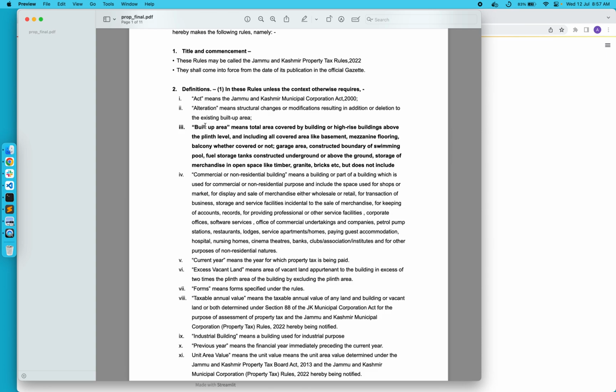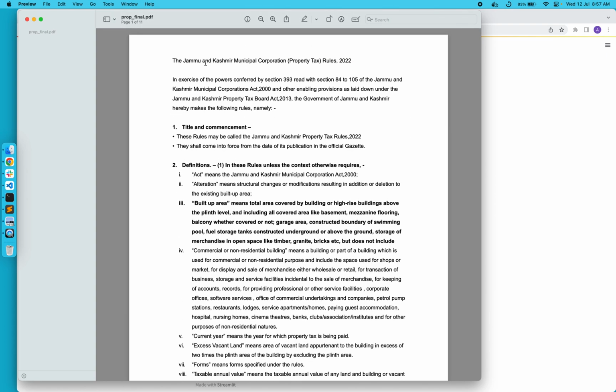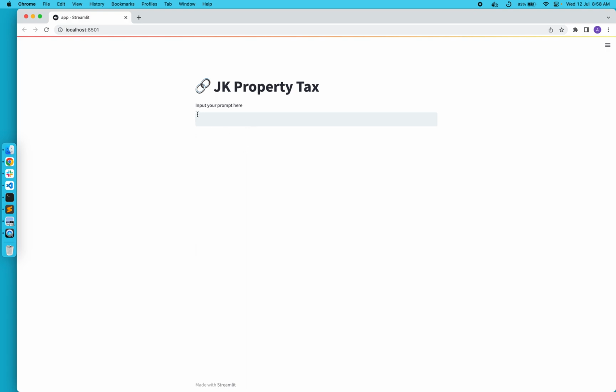So that is the problem statement that we were thinking about, and we came up with a solution using AI and large language models. For the purpose of this demo, we trained our large language model, a transformer based model, on this part of the JNK property tax rules, and we have built a web UI which is able to accept input questions from users, from citizens.